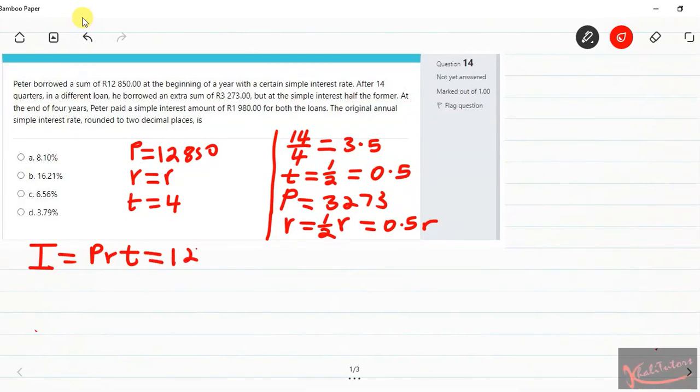We have 12,850 multiplied by R. So instead of having this R, we're substituting R, so it's basically the same thing, multiplied by 4. This is the interest that the bank is going to gain from issuing that loan. So let's just multiply out and see what we get. 12,850 multiplied by 4, what do we get? We get 51,400.